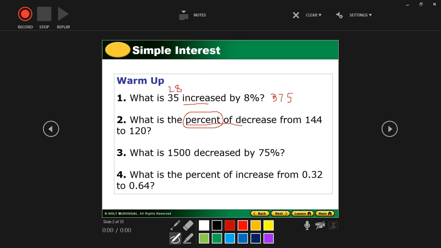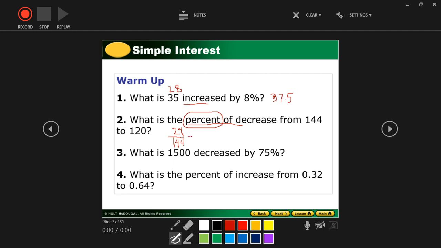So we have already subtracted 144 minus 120, that is 24. Now we divide 24 by 144, since we're looking for the percentage. 24 divided by 144.